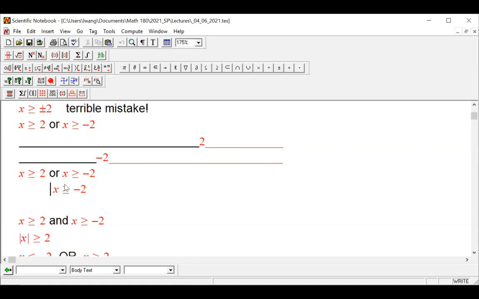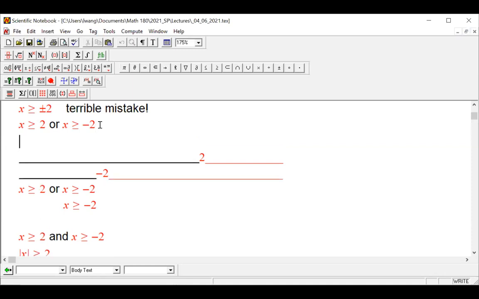You end up with x greater than or equal to -2 because that's the nature of OR. Anything that is true, you only have to be true once. Remember the set definition I gave you, right? Let me show you how you apply it. The truth table is easy, but when you apply it, it's different.